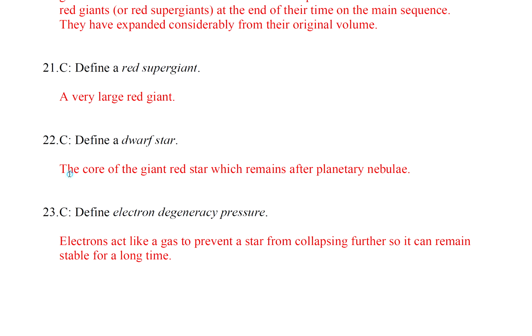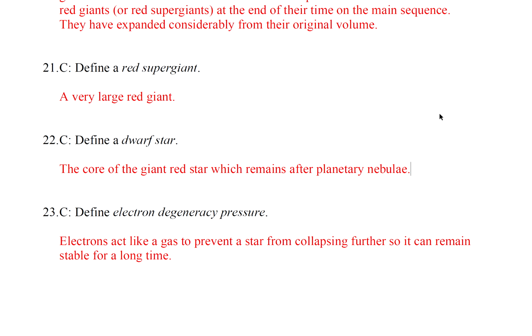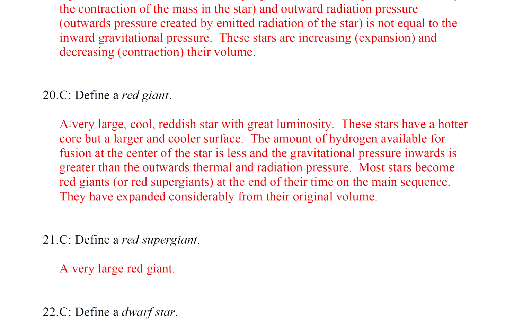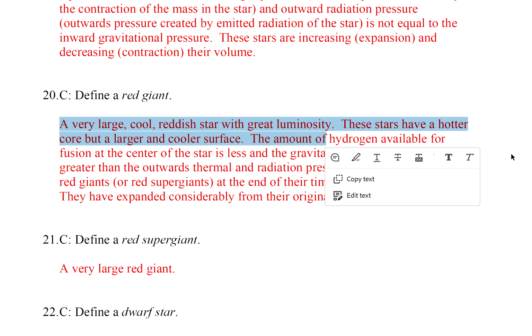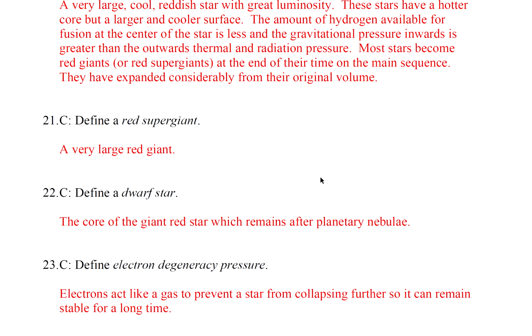A dwarf star is the core of the giant red star, which remains after planetary nebulae, meaning after it dies down, the energy gets expended. And a red giant is a very large, cool reddish star with great luminosity. Most stars become red giants or red supergiants at the end of their time on the main sequence. They have expanded considerably from their original volume.